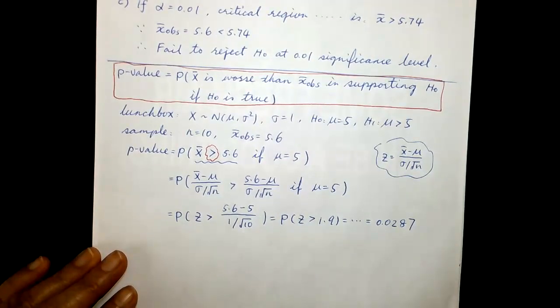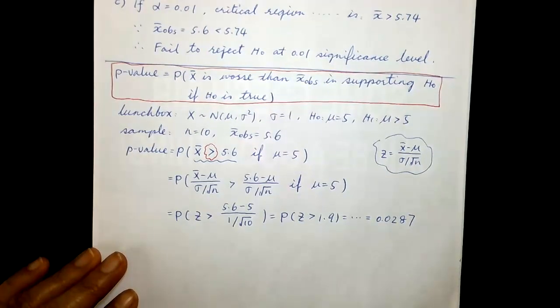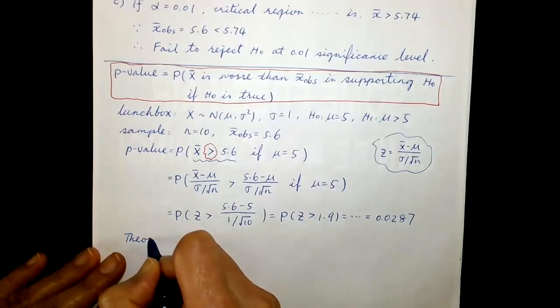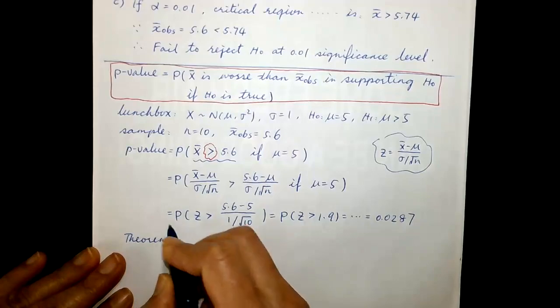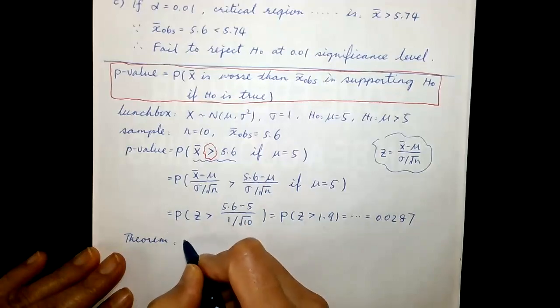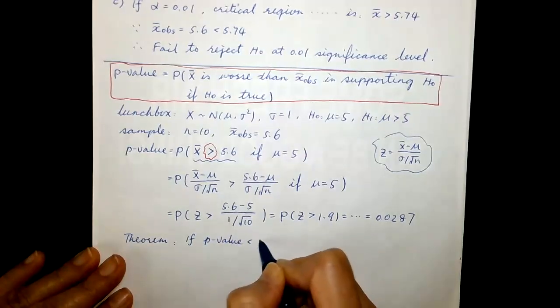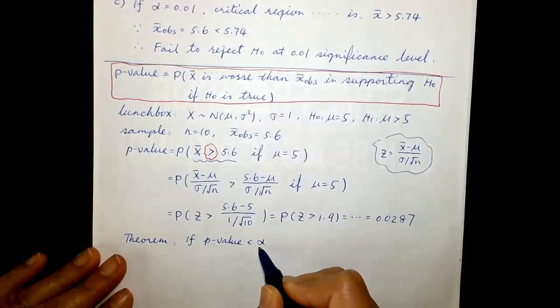Now, how to decide if the p-value is too small in supporting H naught? We judge by the comparison of p-value with alpha. So this is not that we don't know what to do now, then we randomly pull out alpha to rescue. No, it's a theorem that people have proven. If p-value is less than alpha, alpha is a very small value, right?